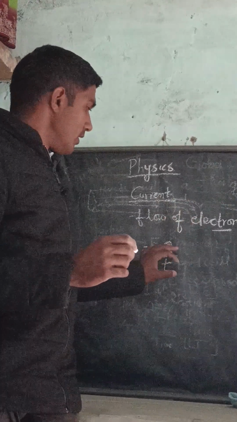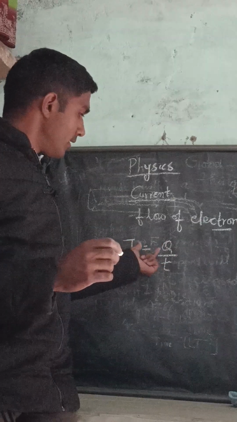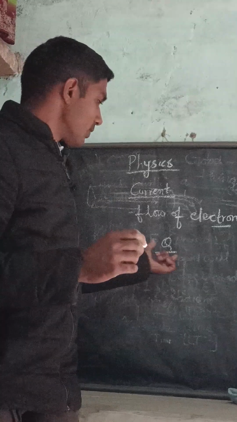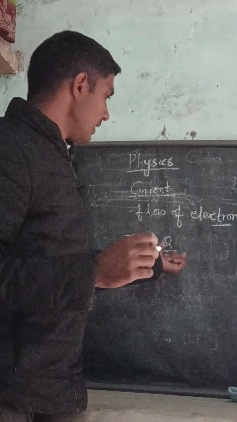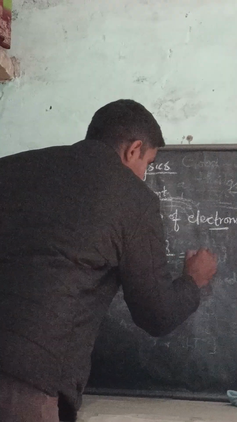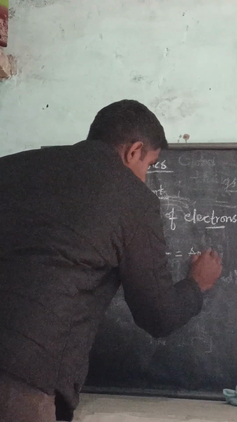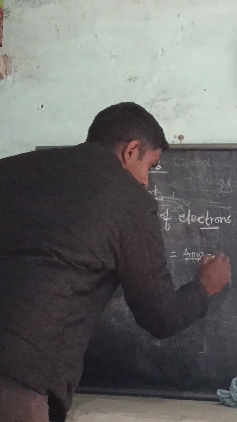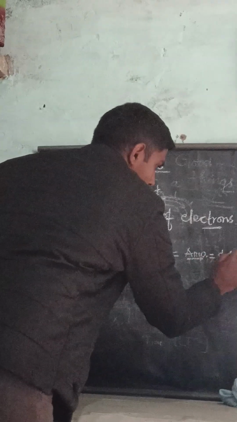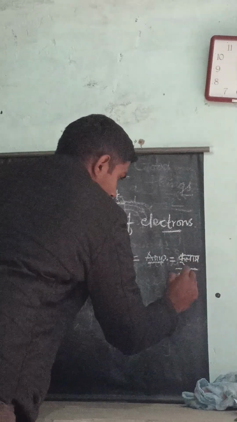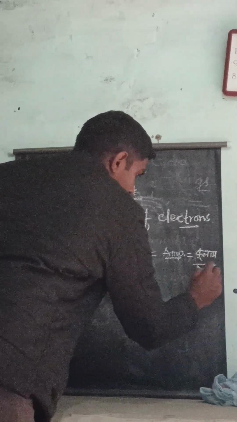This is the definition of electricity or current. Current has the unit ampere, and ampere is coulomb divided by time, meaning second.